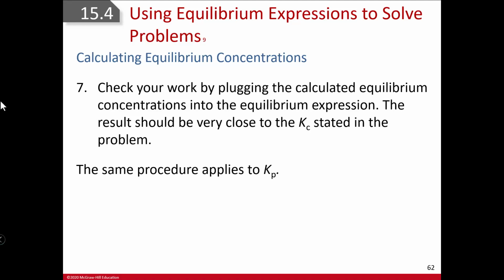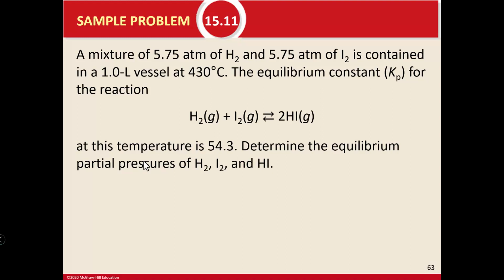Last problem of this section. This one we're changing it up just a little bit. Same type of problem. We're just dealing with KP instead of KC. KP is the same, and the reason why it's the same, look, 1 mole, 1 mole, 2 moles here. The change in delta N is equal to 0. It says determine the equilibrium partial pressures.